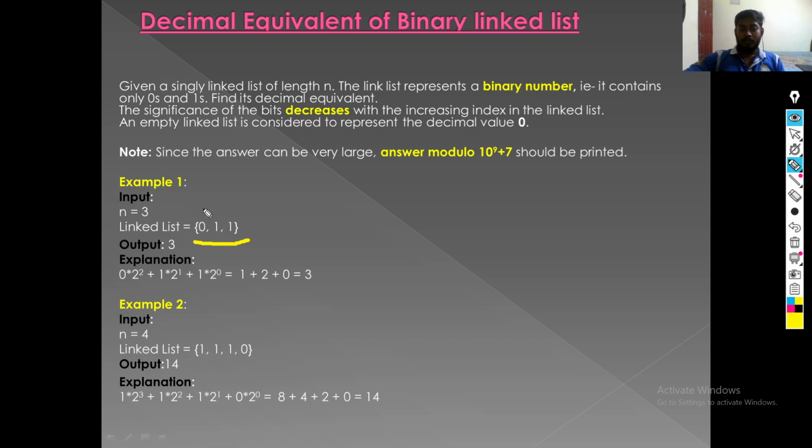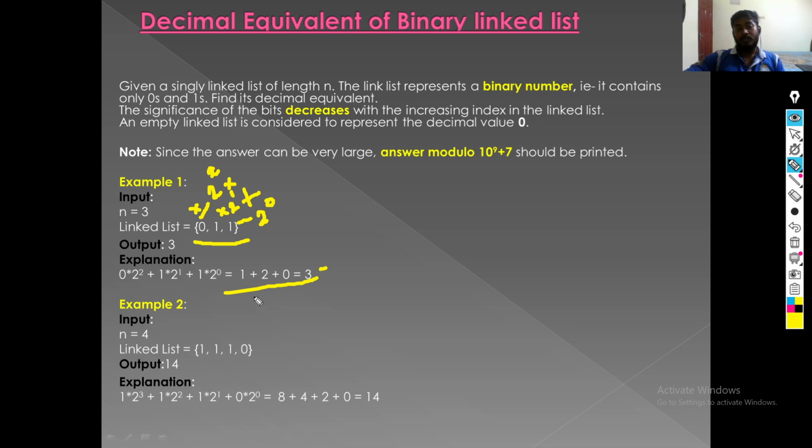If we are getting a length of 3, we multiply the first digit by 2 to the power of 2, then plus this digit multiplied by 2 to the power of 1, plus this digit multiplied by 2 to the power of 0, which equals 3. This is what it says.